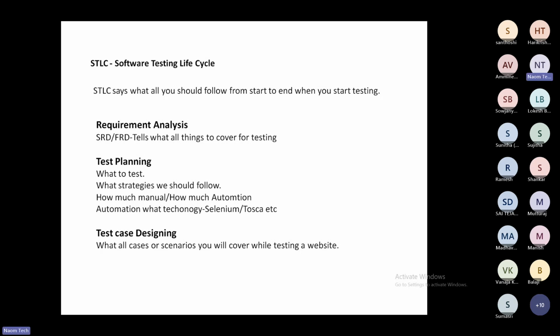How much manual testing should you do for your project, and how much automation can you do? And for automation, if you choose it, which technology should you choose? Should you choose Selenium with Java or Selenium with Python, or should you choose a completely new tool like Tosca, or something else?